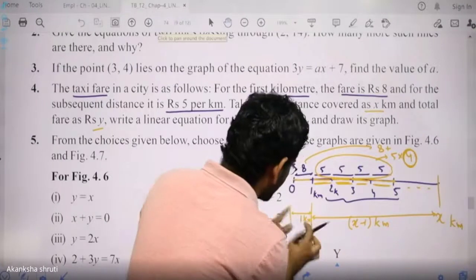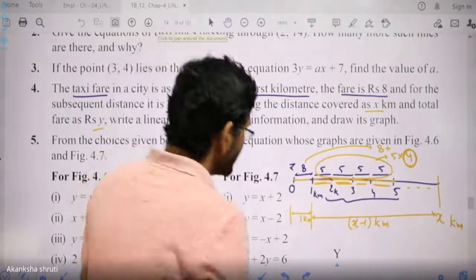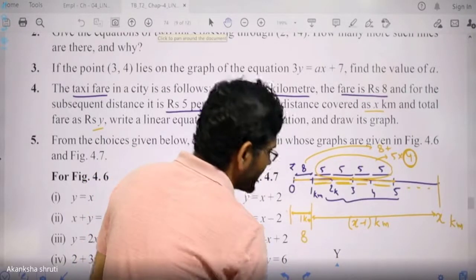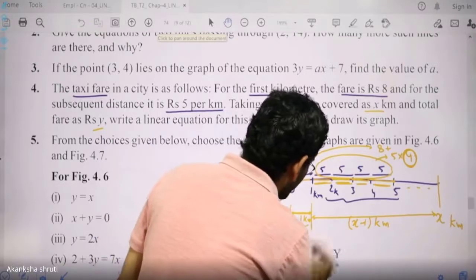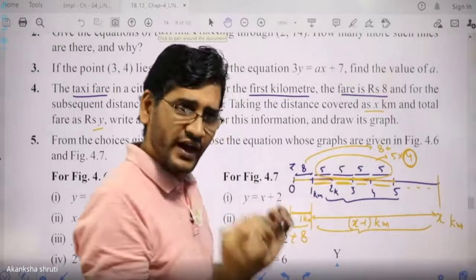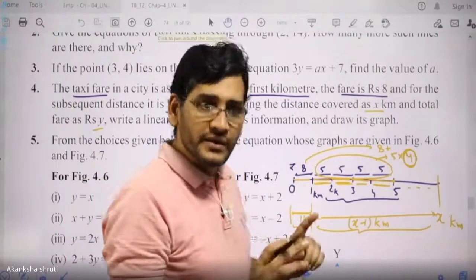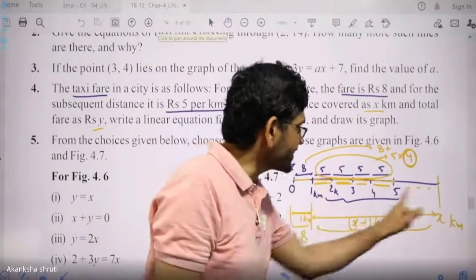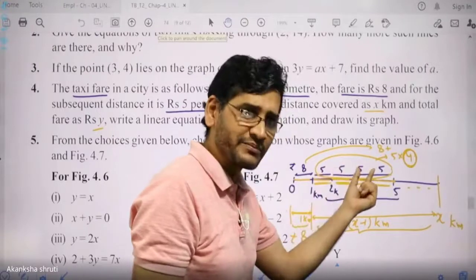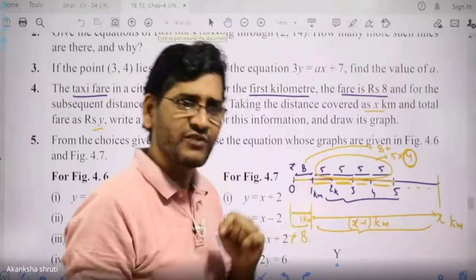So the total distance from here to here is x. The cost for this 1 kilometer is ₹8, and the cost for the remaining distance of x minus 1 kilometers. Why have we taken x minus 1 kilometers? Because these x minus 1 kilometers are covered at a fixed rate of ₹5, but the first kilometer was covered by ₹8 only.